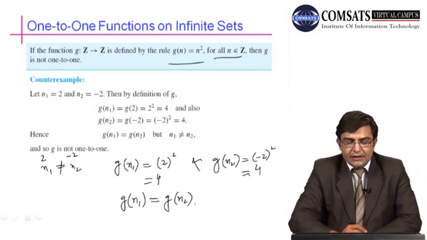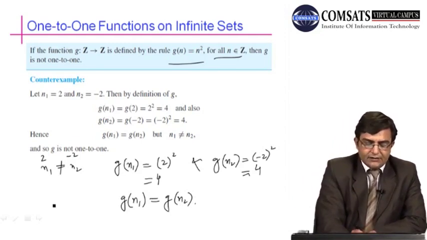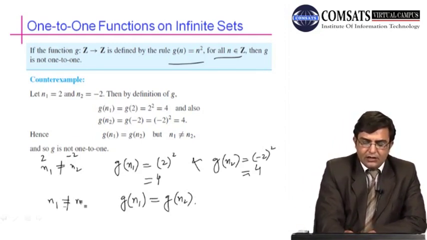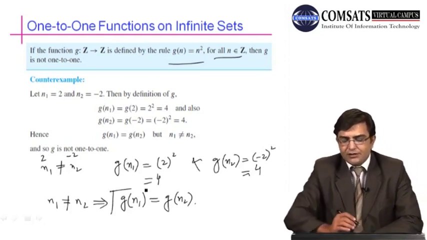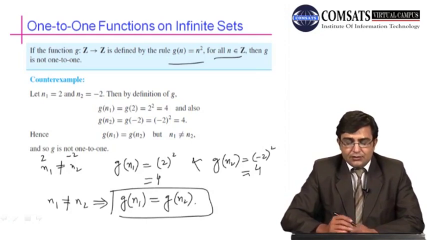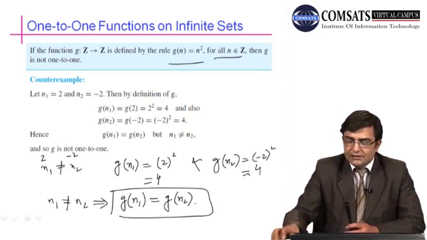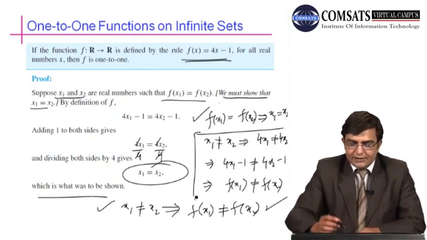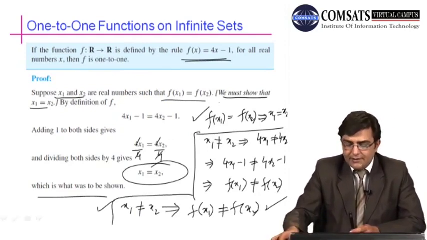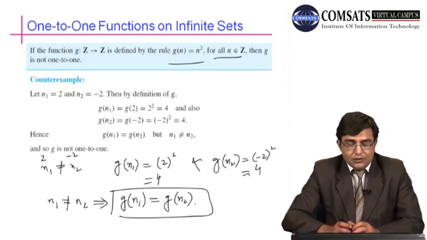So we started with n1 not equal to n2, and we have arrived at g of n1 equal to g of n2. So this violates the second statement which we have studied. So this function is not a one-to-one function by the definition of one-to-one functions.